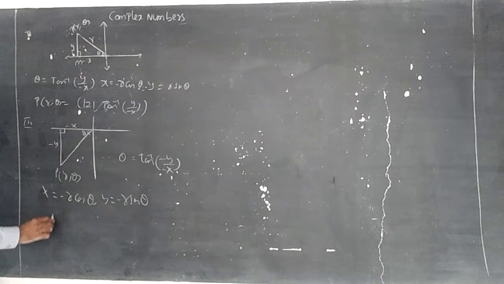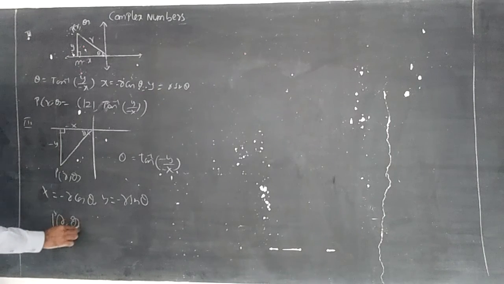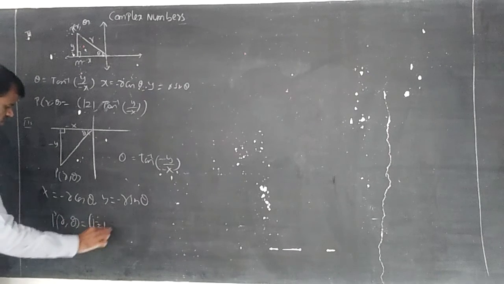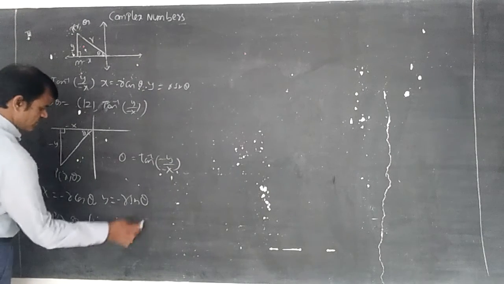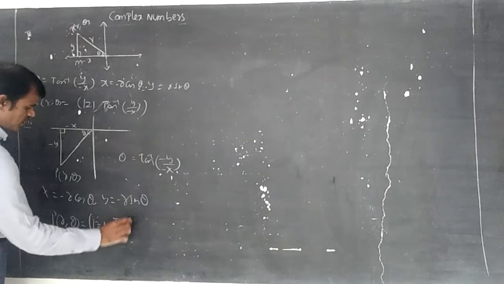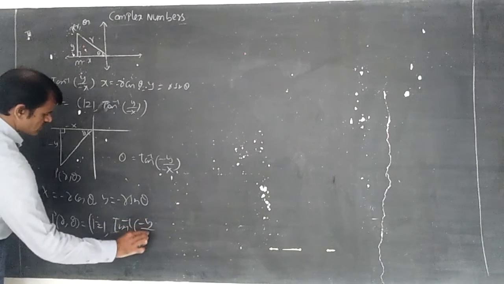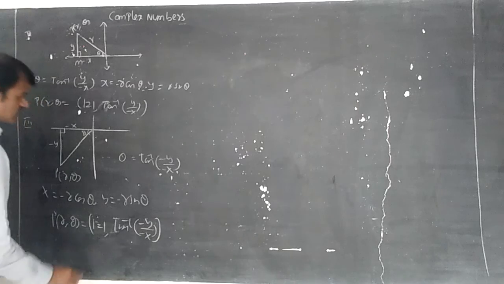P(r, theta) you can mention as modulus of z comma tan inverse of minus y by minus x.